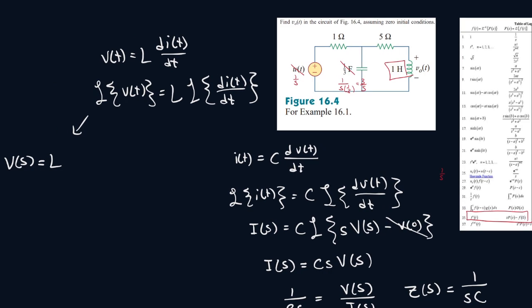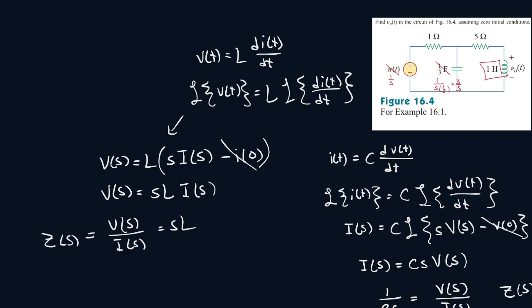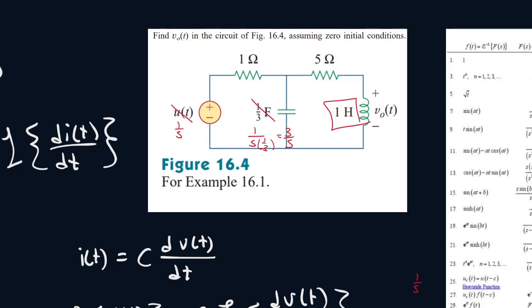It's s I of s minus the initial condition of our current, I of 0. And we're told to assume 0 initial condition, so this will be gone. So it's just V of s is equal to sL I of s. Dividing both sides by I of s, this is your Z of s. Okay, so for the Laplace of our inductor, it will be sL, where L is 1, so it's just s.